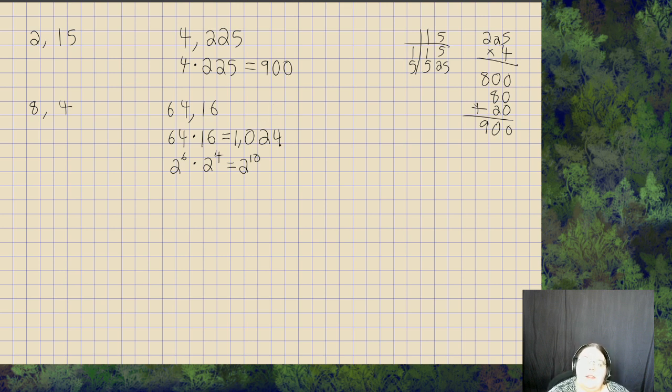So I notice that this is not a multiple of 100. So not always, only sometimes. I notice it's not a multiple of 10. So not always, only sometimes. I notice it is even. Let's see. Other things we could notice about it.